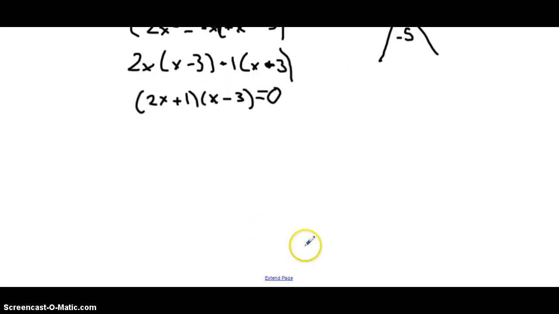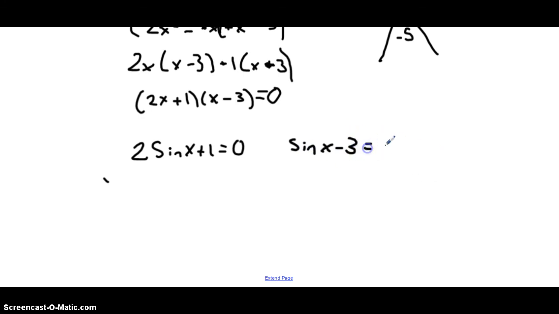We replace the x's with the sines. So this is going to be 2 sine x plus 1 equals 0. That's one solution. And sine x minus 3 equals 0. I just did change these into my sines of x's.